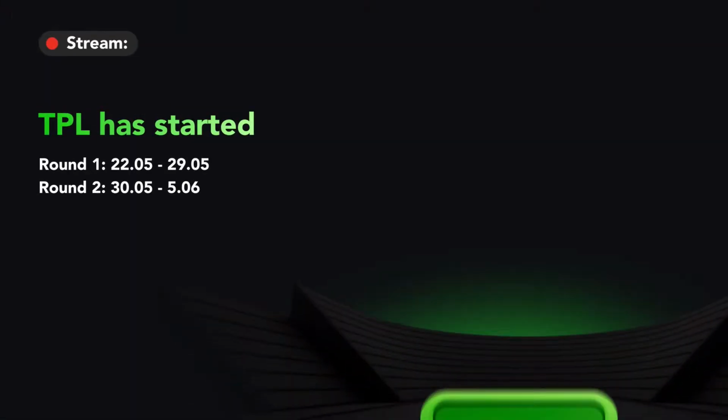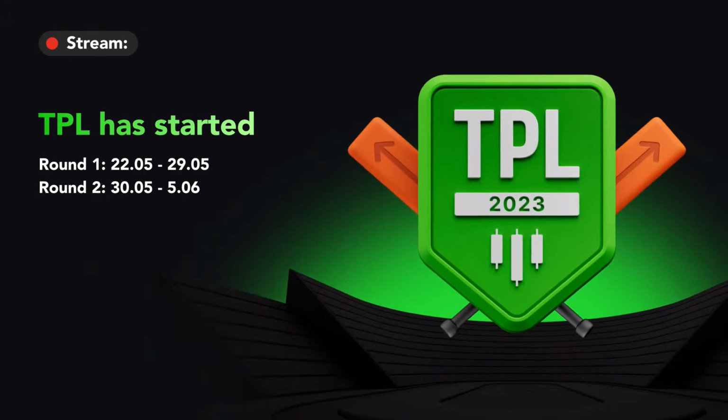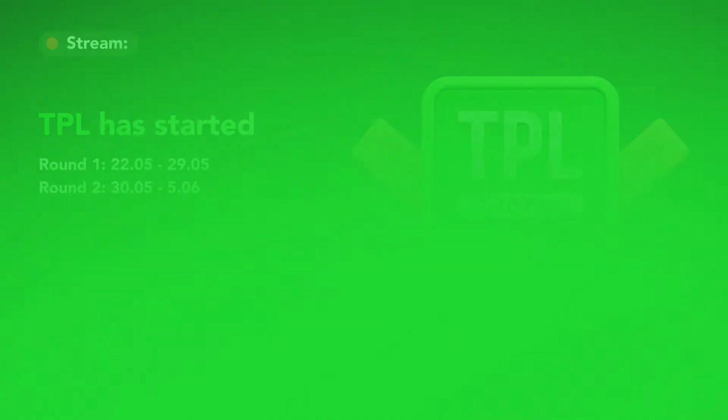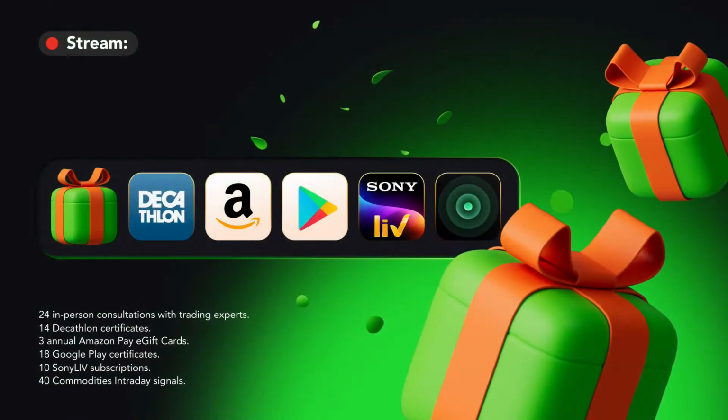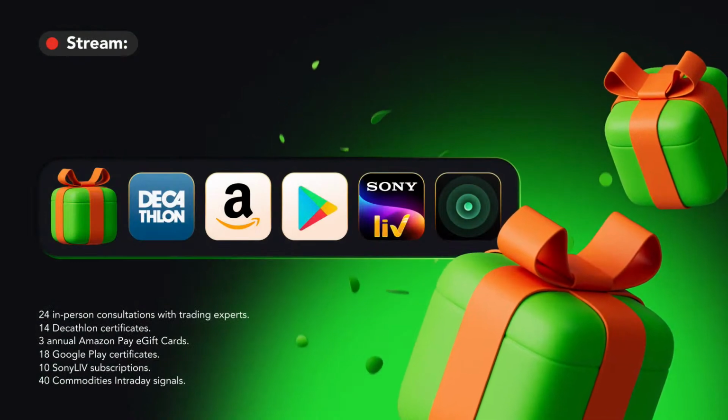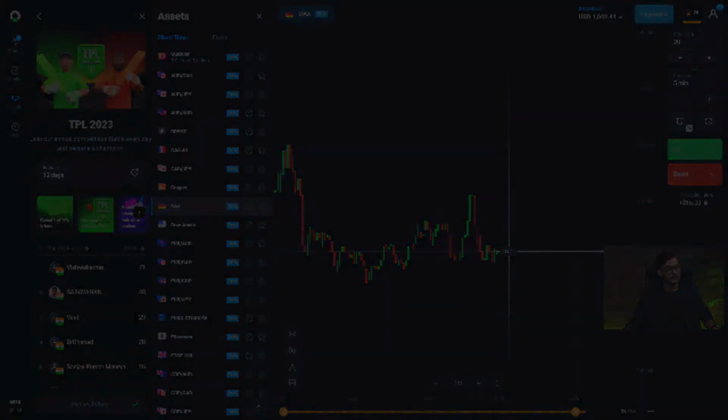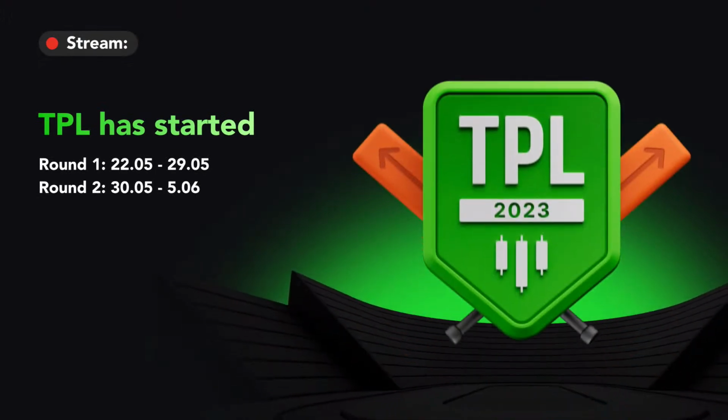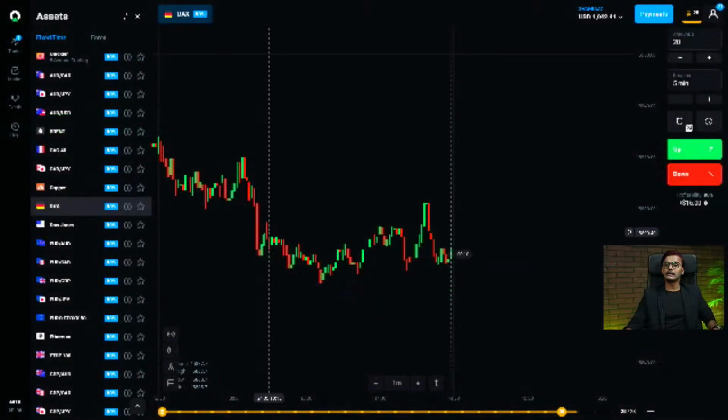So guys, do participate in this Trading Premier League and take advantage of all these prizes. Win these prizes, man. So let's take our battle 3, and this is our final battle. After this we will wrap up.